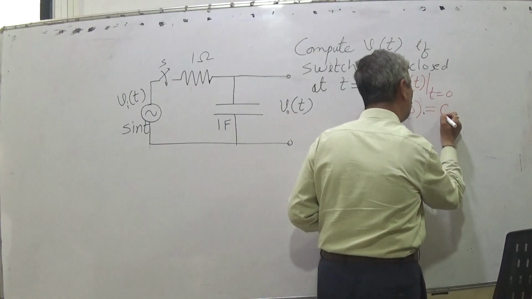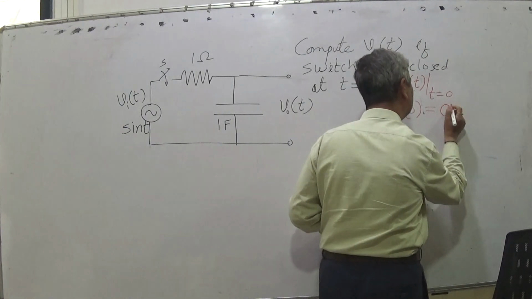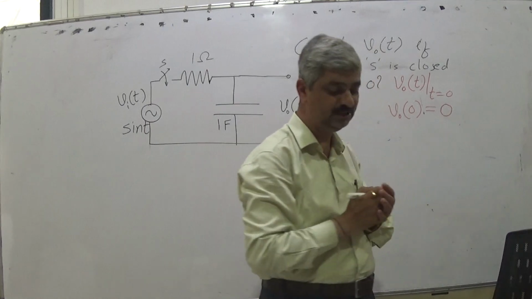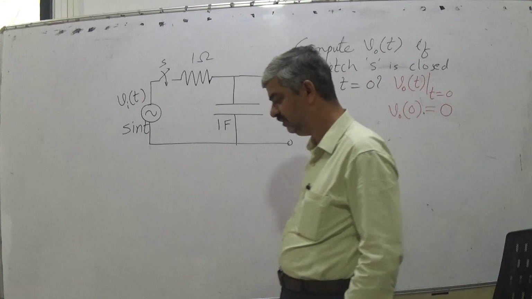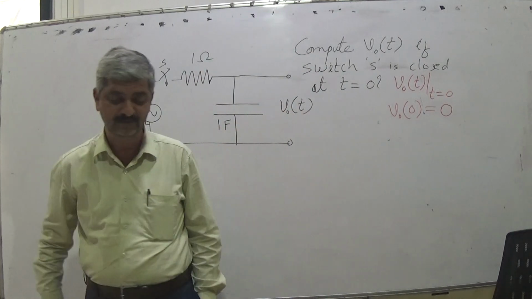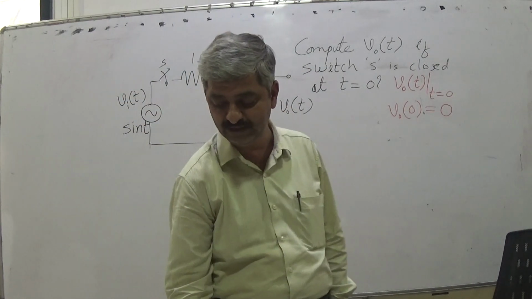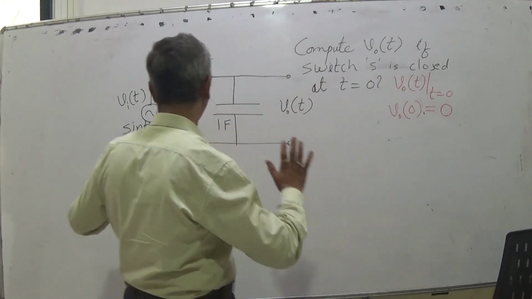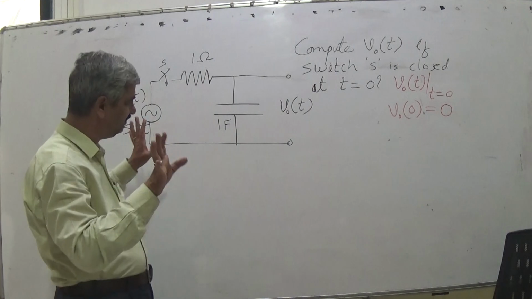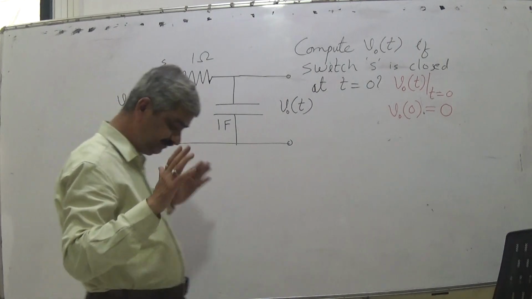And if Vo(0) is also 0, then what will be the solution? So the problem is now fully described.